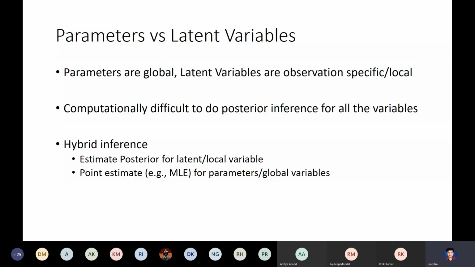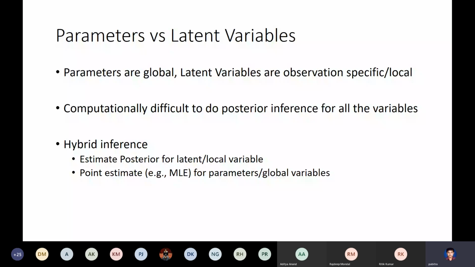So this gives us an advantage in reducing the inferencing complexity also. We have seen before that if we do a full posterior distribution with a lot of parameters, then the expression for the full probability distribution becomes difficult.